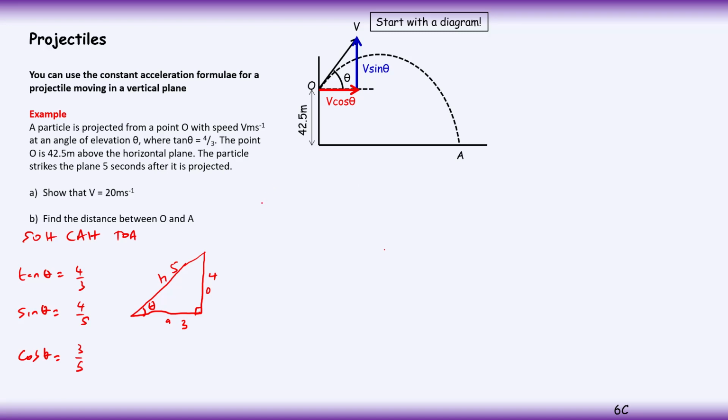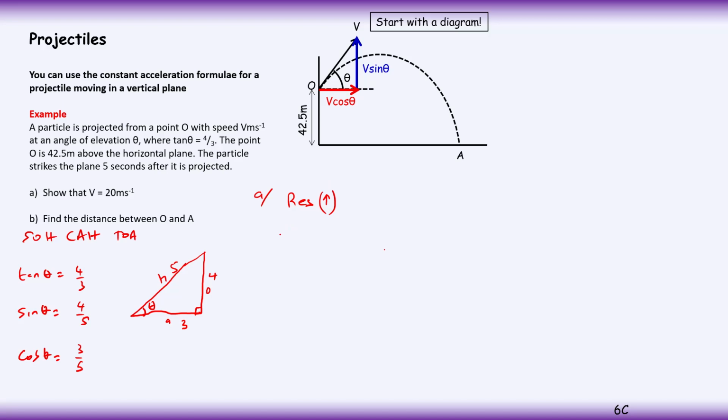We've got to show that v equals 20. We don't know what v is, okay? So in order to determine what v is, part A, we're going to resolve vertically. We're pointing upwards, so positive direction is up.